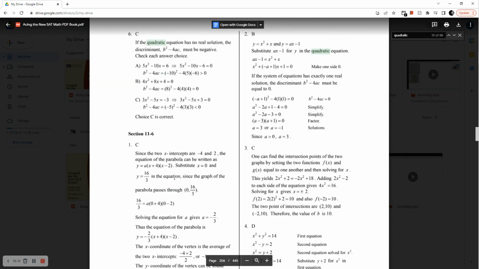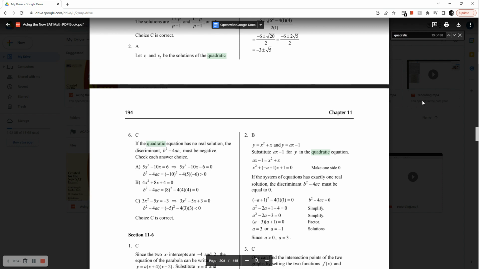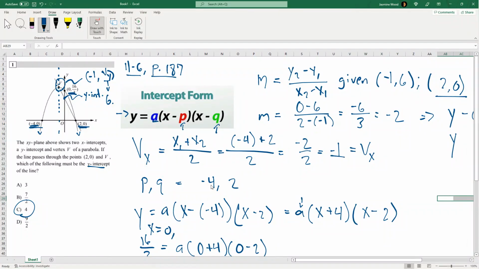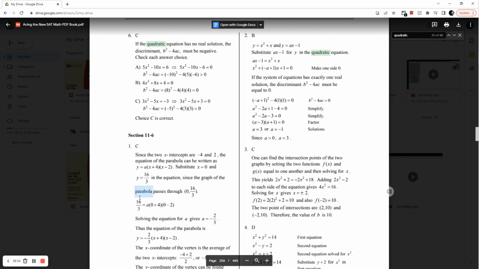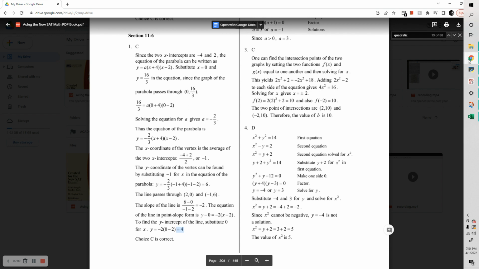Oh, it's actually supposed to be C. Okay, let's go back. Probably mistaken my math. No, C, that's right. There we go, 4. That is the right answer. Right here, they get 4. Yes, they do. Same answer as me. Perfect. So that's how you do that.